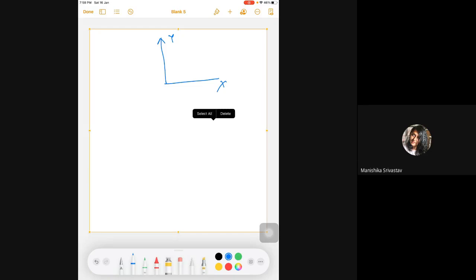Conventionally, the right-hand side of the x-axis is positive, and the top side of the y-axis is positive, and the opposite sides are negative. In case of light, we will also use the same convention.